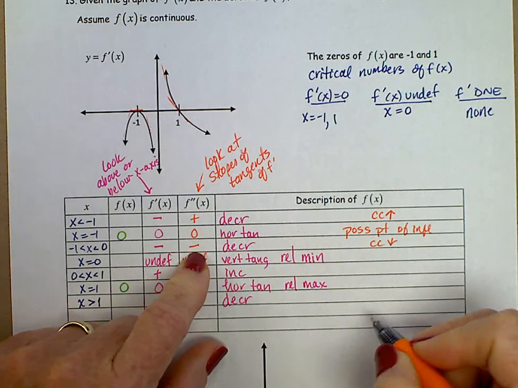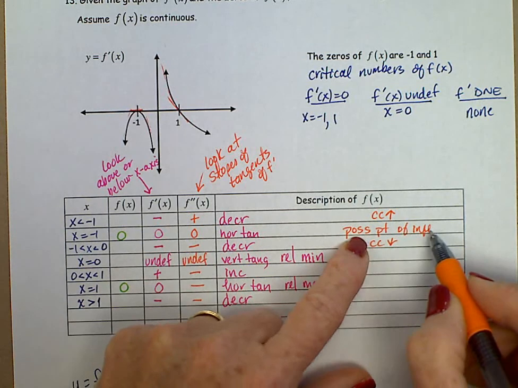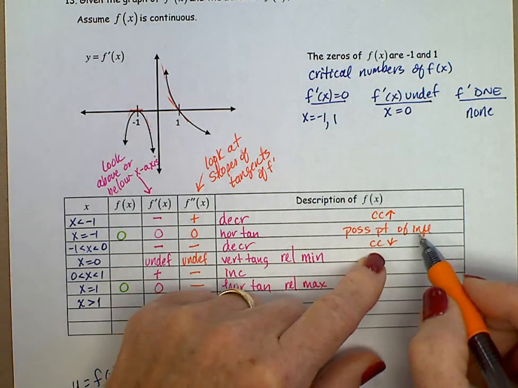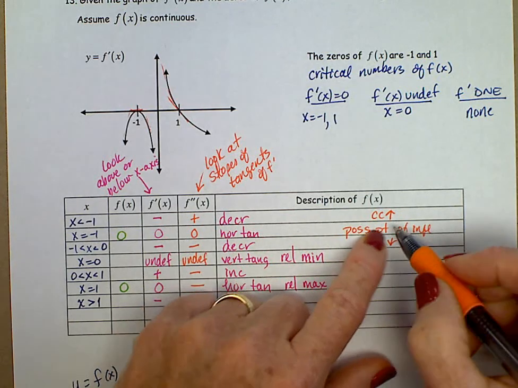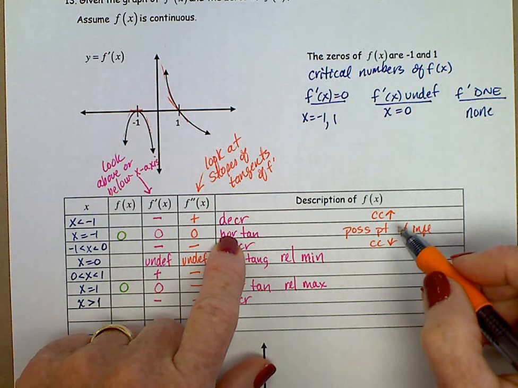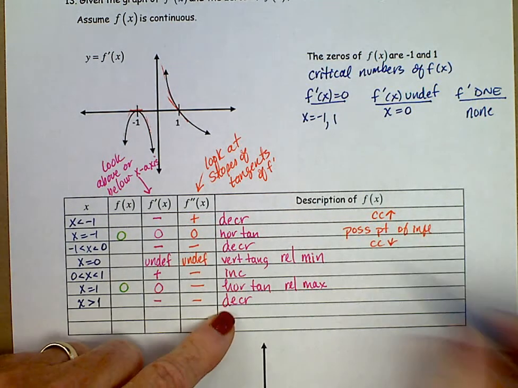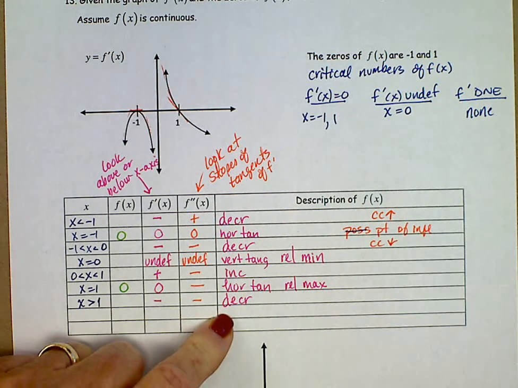All right, let's fix this possible point of inflection right here and determine if it is or isn't. We definitely have a change in concavity. Is there a tangent line here at this point? Yes, there is. There is actually a horizontal tangent line, so that's not just a possible point of inflection. It actually is a point of inflection.